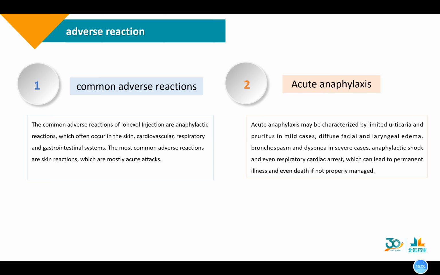In mild cases, acute anaphylaxis may be characterized by limited urticaria and pruritus, but in severe cases, it may be characterized by diffuse facial and laryngeal edema, bronchospasm, dyspnea, anaphylactic shock, and even respiratory cardiac arrest, which can lead to permanent illness and even death if not properly managed.